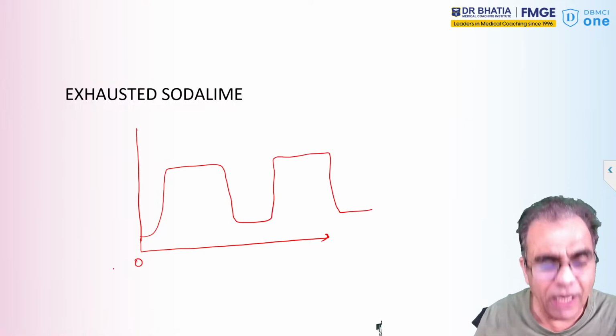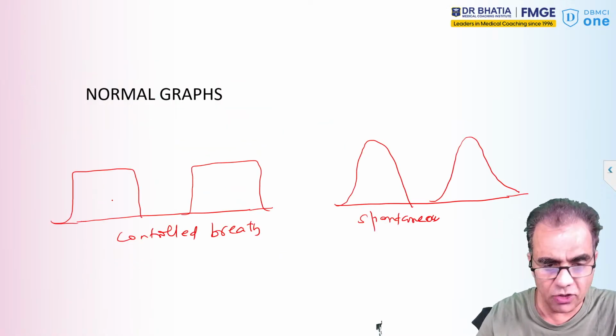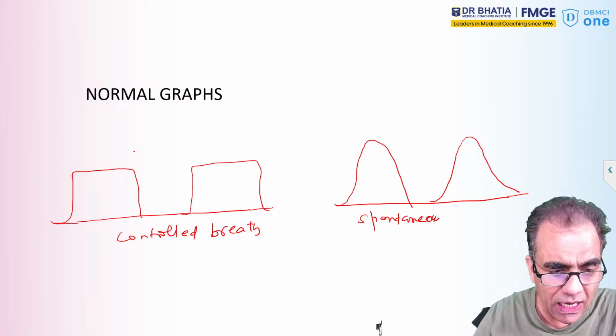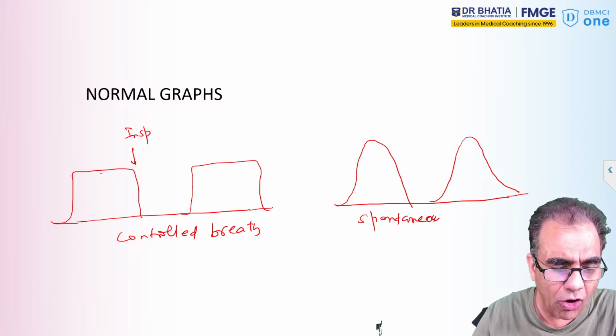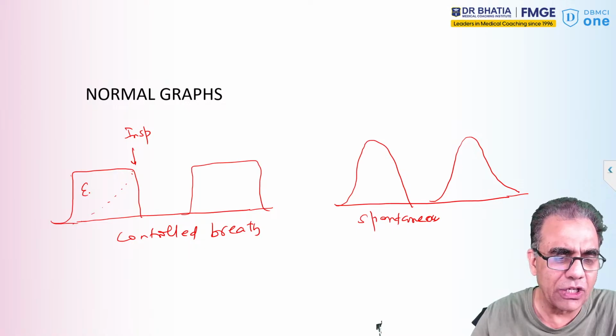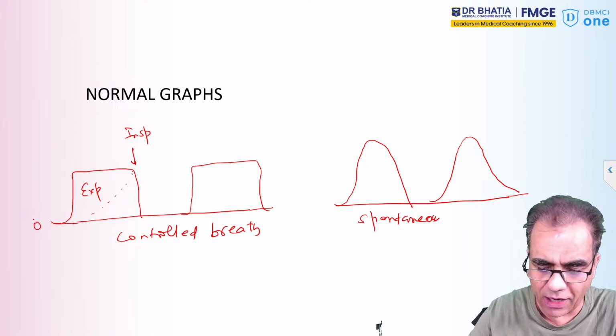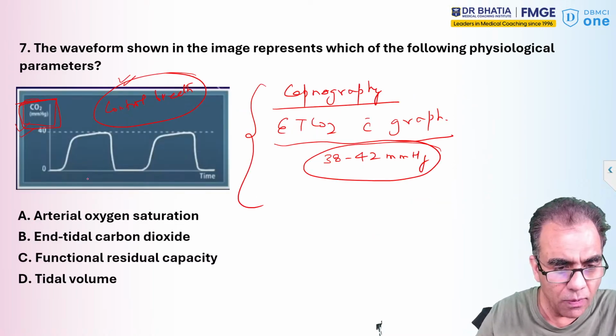Say during inspiration, if I show you the part of the capnography, this normal capnograph, see, this is the point where inspiration begins. Until here, all this is the expiration. This is the point when inspiration begins, CO2 should fall back to zero.